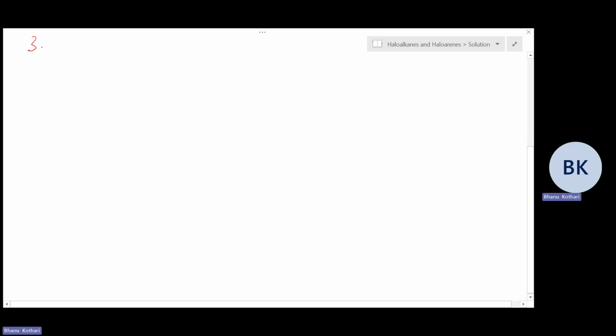The third question, what has been given to us is: arrange the following 3 chlorides in decreasing order towards SN1 reactivity. So there are 3 carbocations that are going to form when Cl minus departs. One is a 1-degree carbocation. One is an allyl, 2-degree carbocation.